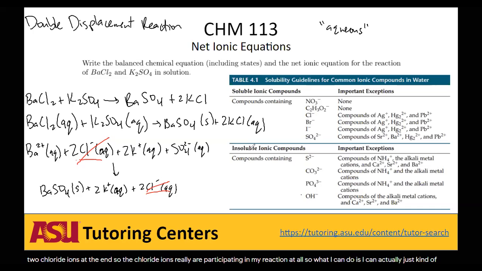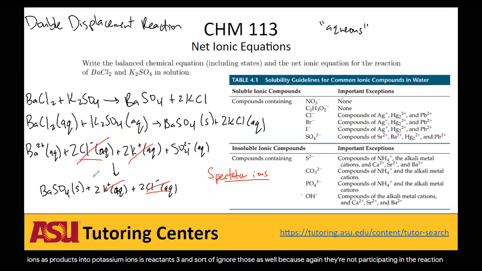They're just hanging out there. We call these spectator ions. That's because they're just spectating. They're not actually participating in the reaction. Similarly, we have these 2 potassium ions as products and 2 potassium ions as reactants. We can ignore those as well, because again, they're not participating in the reaction.